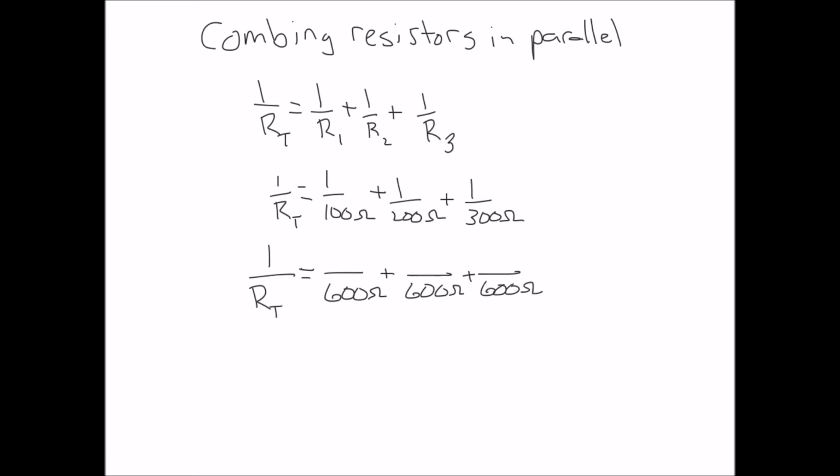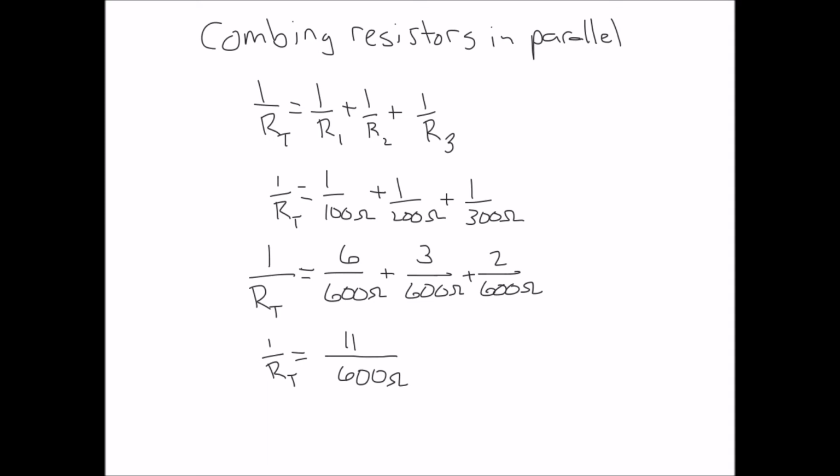All right, 1/100th is equivalent to 6 600ths. 1/200th is equivalent to 3 600ths, and 1/300th is equivalent to 2 over 600. When we add these together, I'm going to get, let's see, 6 plus 3 gives me 9, plus the 2 gives me 11 over 600.